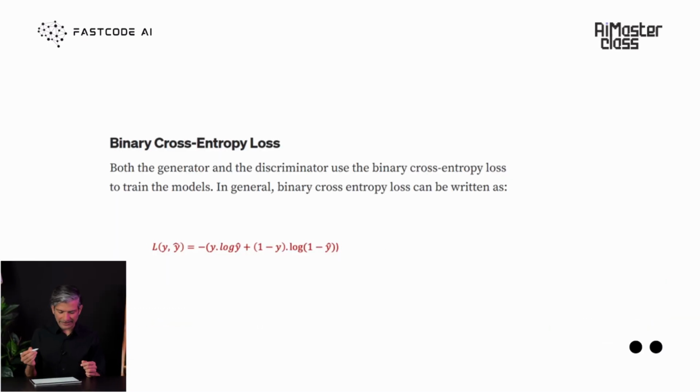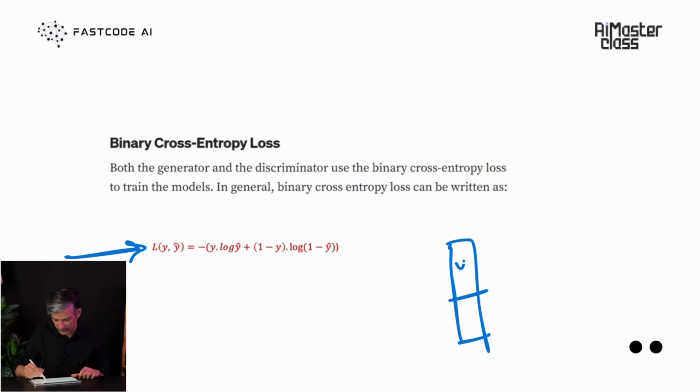So what I mean by this is, we know what a simple binary cross entropy loss is, right? Let's say our two outputs are y hat and 1 minus y hat, because after softmax, they both sum to 1.